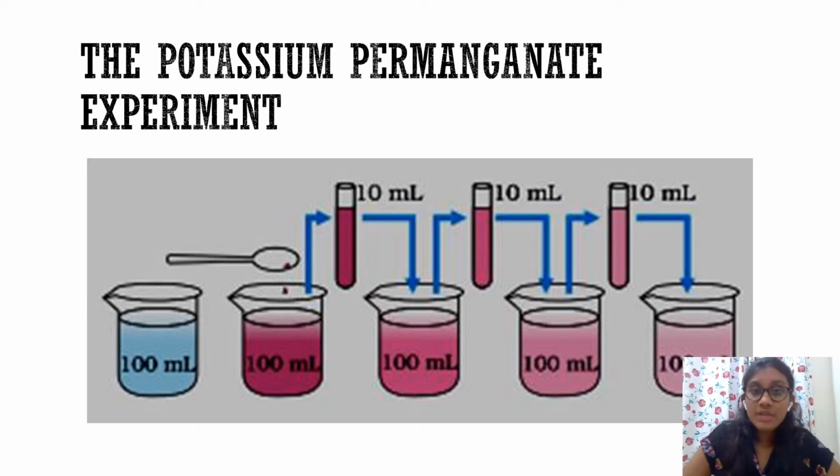When we add potassium permanganate to water, the color of the water changes to pink. Now, we will dilute it by taking 10 ml of this concentrated solution and adding it to 90 ml of water. This process of dilution decreases the color intensity of the solution, but the solution still remains pinkish in nature.